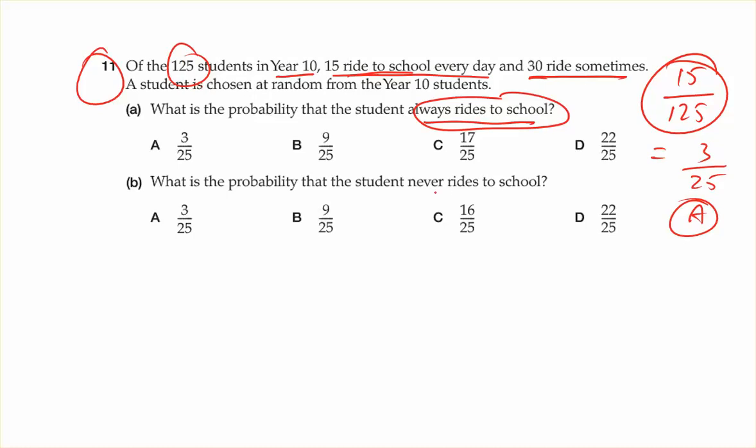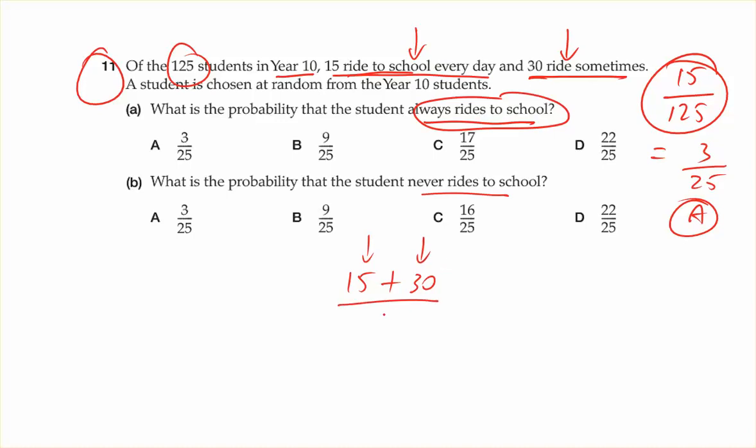What's the probability never writes to school? Okay, so 15 writes every day, 30 writes sometimes, so the remainder must never write to school. We know 15 rides every day. 30 rides sometimes.